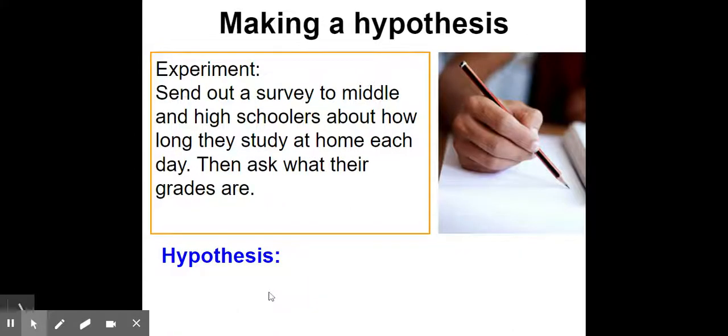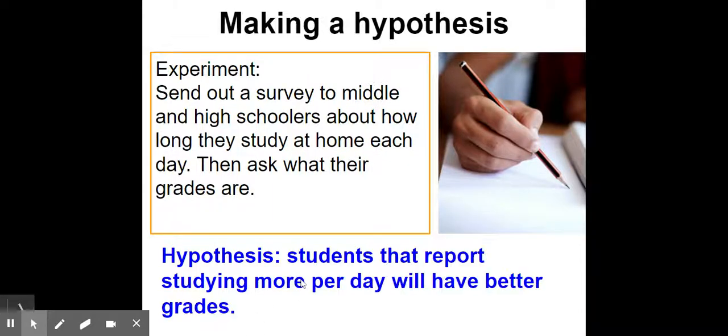Another example. If the experiment is send out a survey to middle and high schoolers about how long they study at home each day, then ask what their grades are. The hypothesis will be what you think is going to happen in this particular experiment. So the hypothesis would be students that report studying more per day will have better grades.